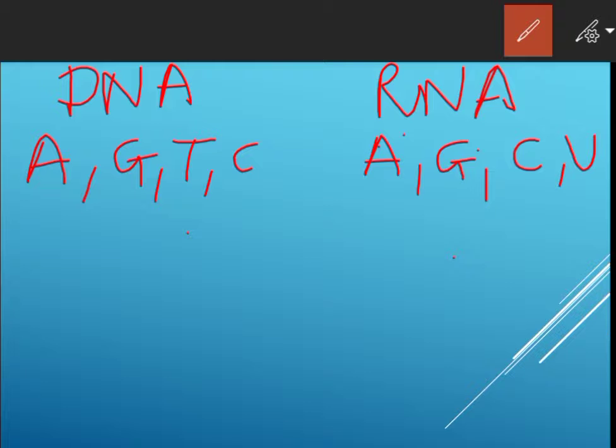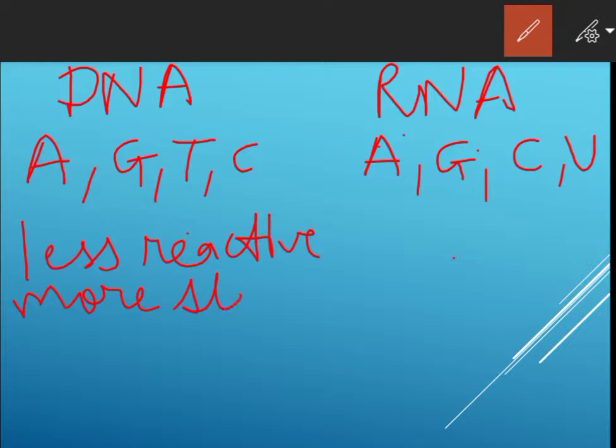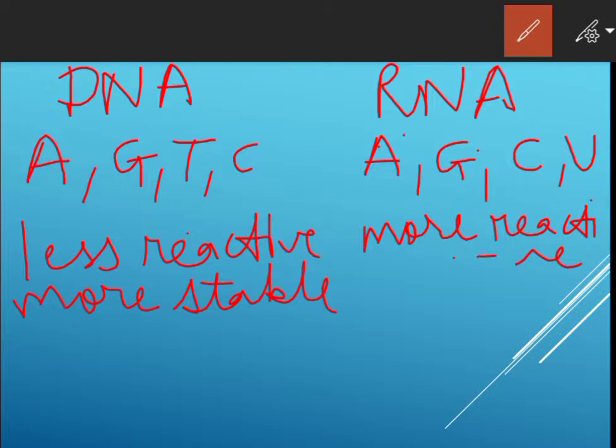Then DNA is less reactive, chemically and structurally more stable, whereas RNA is more reactive, chemically and structurally less stable.